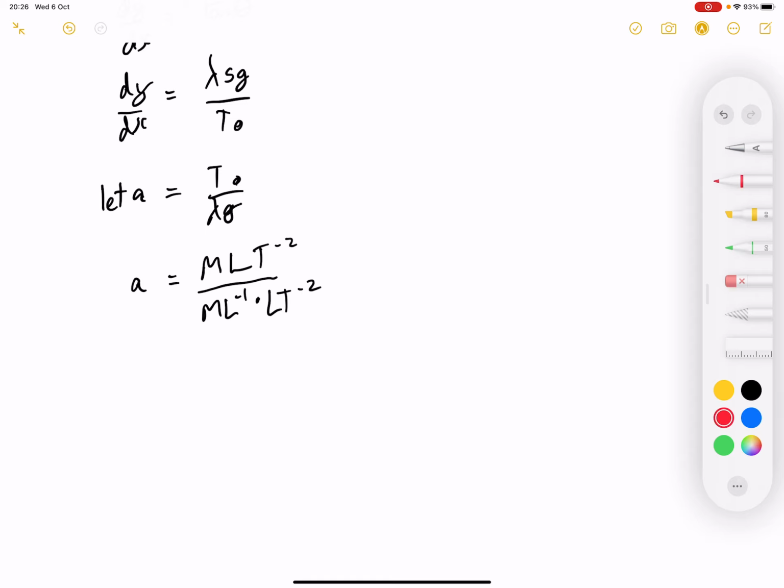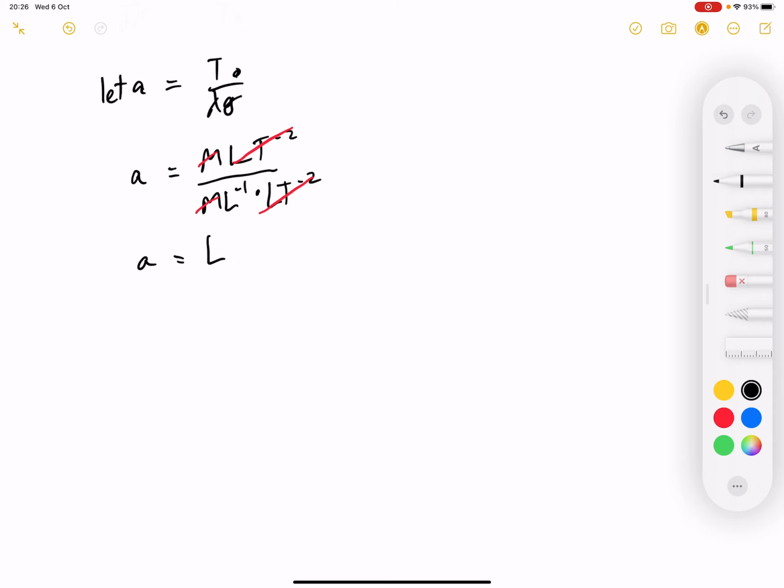So we can cancel this with this, and this with this, and we just get 1 over L to the minus 1, which is just L. So A has units meters because it is a length.